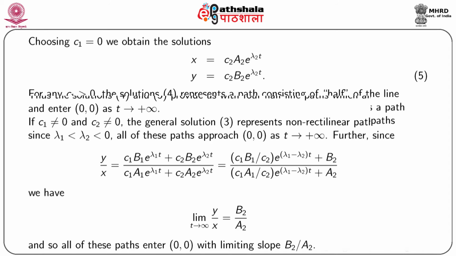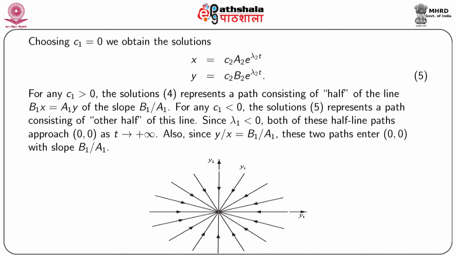This means, if we again consider this figure, that if we consider this as the line b2x is equal to a2y, then for C2 positive, let it represent this particular straight line, and for C2 negative, it represents this particular straight line, and both of them are approaching (0,0) in this direction.